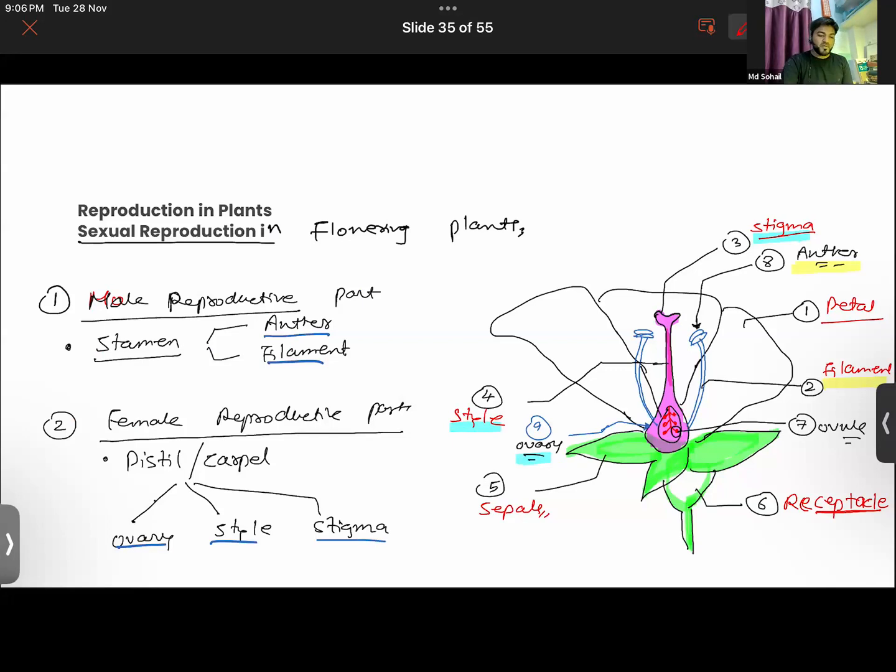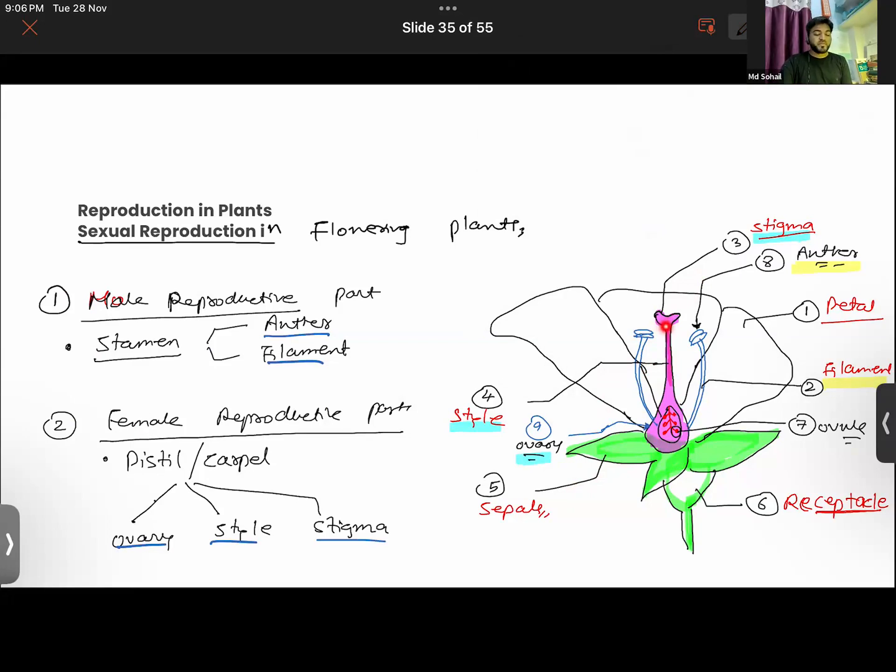Okay. In the case of the pistil, which is the sticky part? Is it the stigma, style, or ovary? Stigma, right.